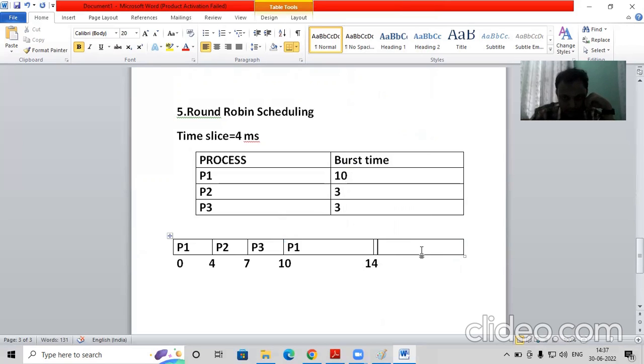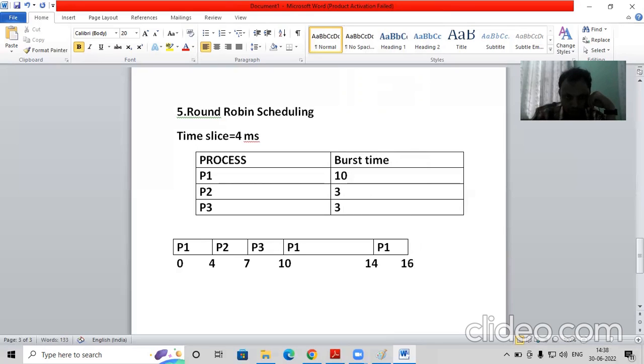So another 2 milliseconds it can execute, and then it will finish. That is no problem, since it is within the 4 millisecond time slice. So 14 plus 2 means 16. P1 takes 4 plus 4, 8, plus 2, 10. A total of 10 milliseconds elapsed for P1.